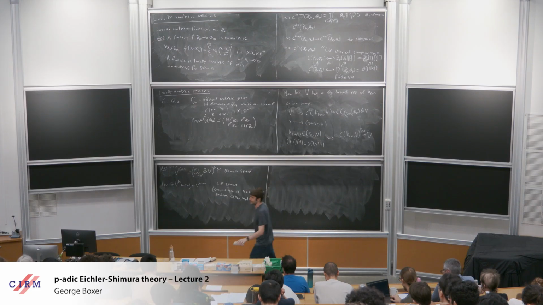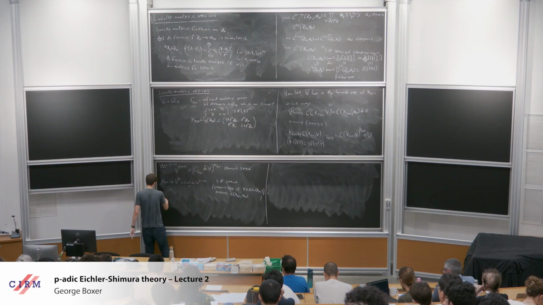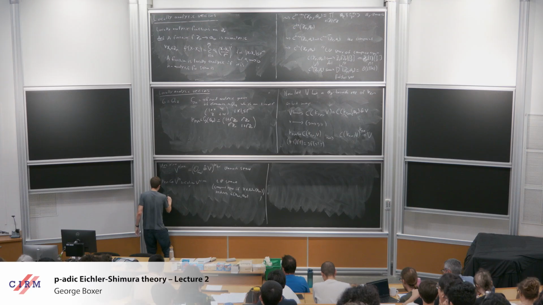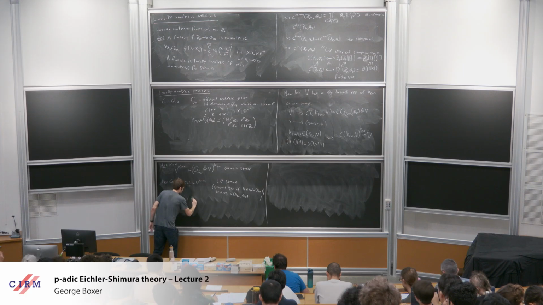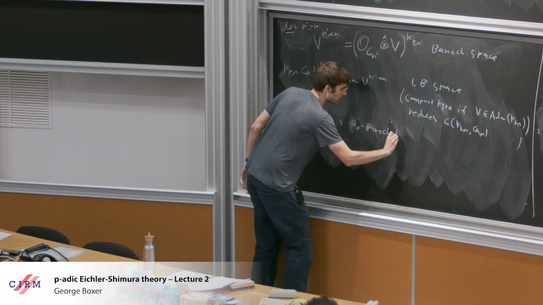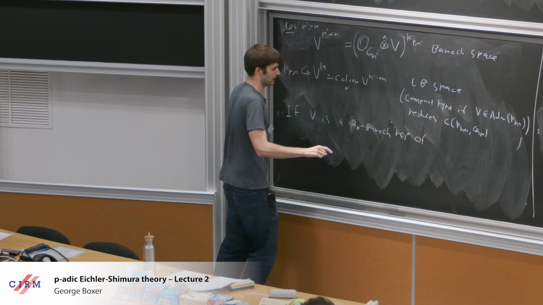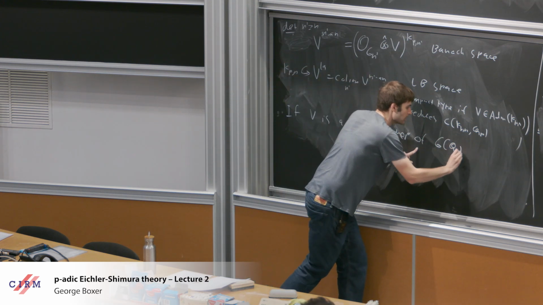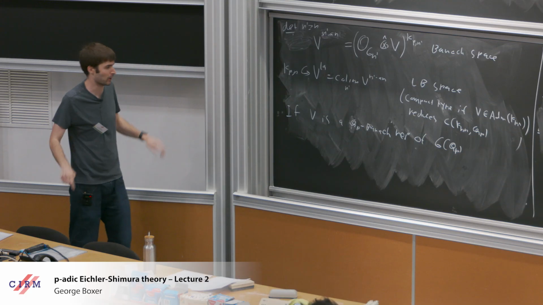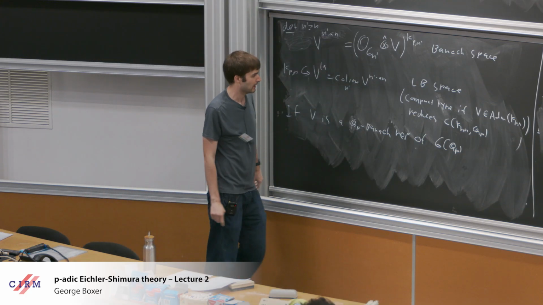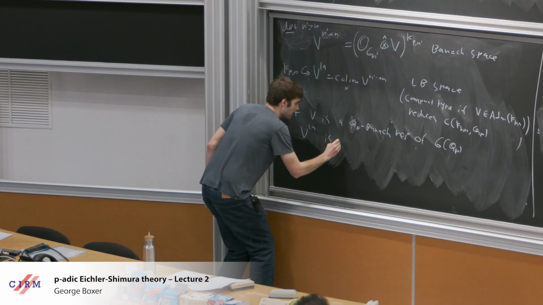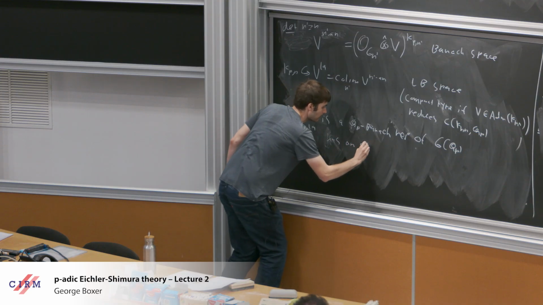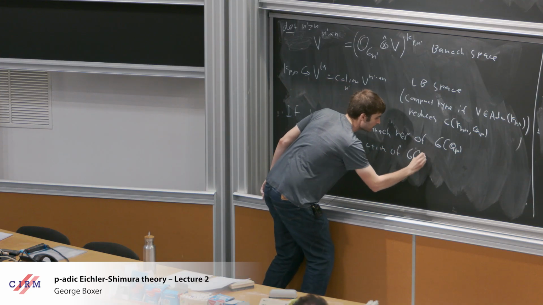Okay, and maybe before I say the thing that Joaquin wanted me to say, let me just say that if V is a Qp Banach representation of G Qp, so in particular we can restrict it to Kpn or Kp1 or whatever, and apply this formalism, the locally analytic vectors has an action of G Qp.